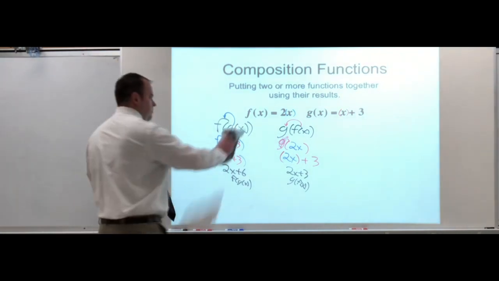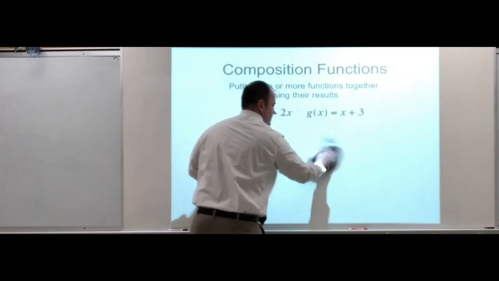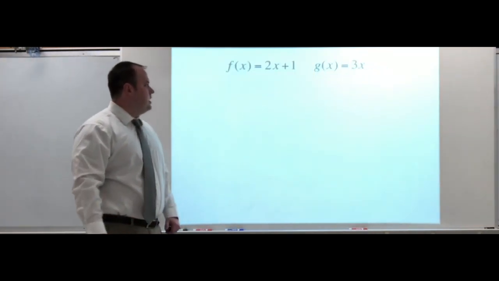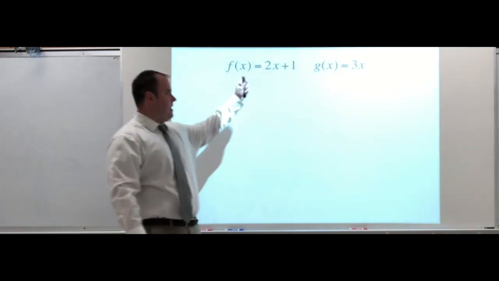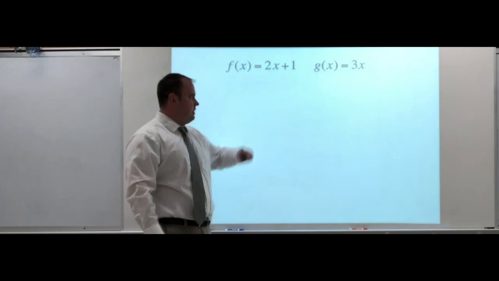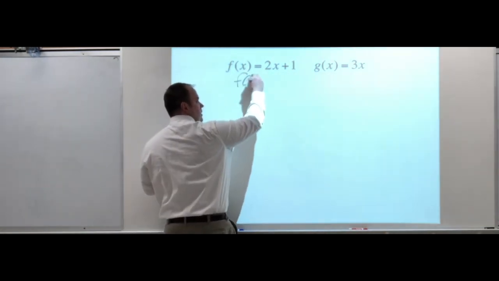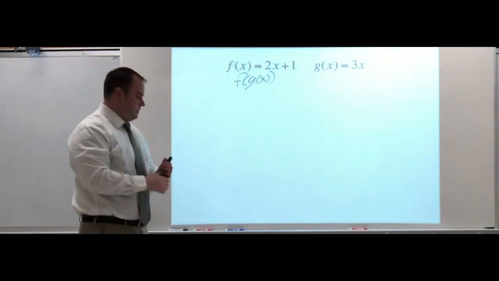Okay, so let's look at a couple more examples. Let's do one more basic one and then we'll do some harder ones. Here's the same function we had before in the last video. F of x is 2x plus 1. G of x is 3x. Starting with the f of g of x.